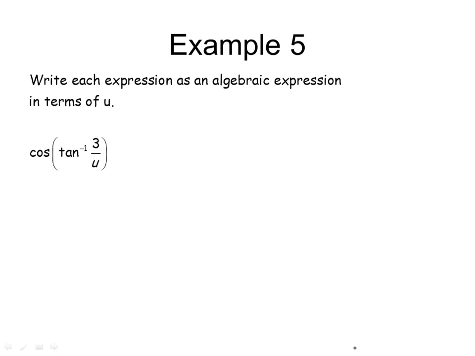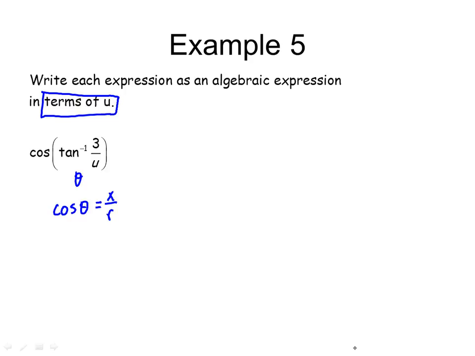Okay, so let's talk about it in terms of u. You will see this. How many of you are going into Cal 2? You will see this in Cal 2. In terms of u, same thing, same process. We're going to let this be theta, so we're going to be looking at cosine theta, which is going to be x over r. So that's our goal.